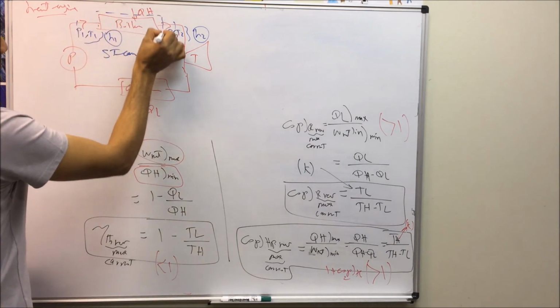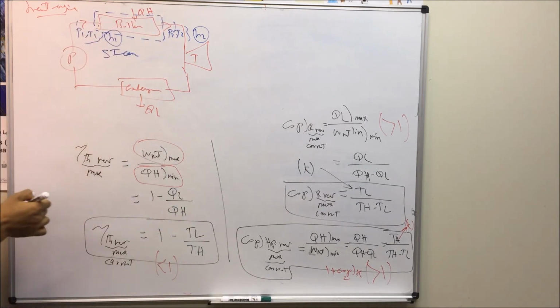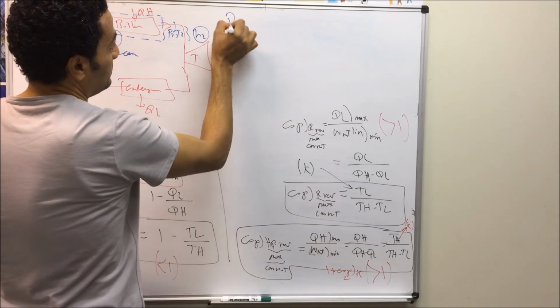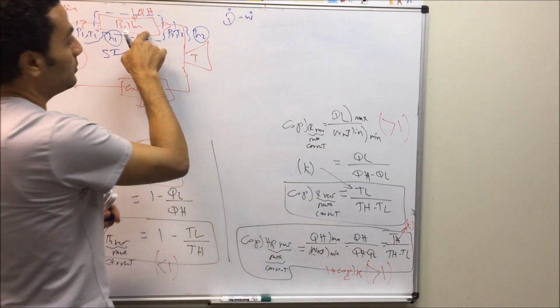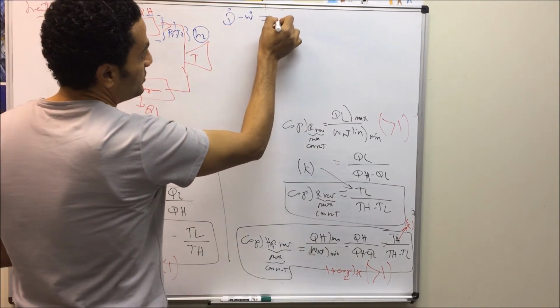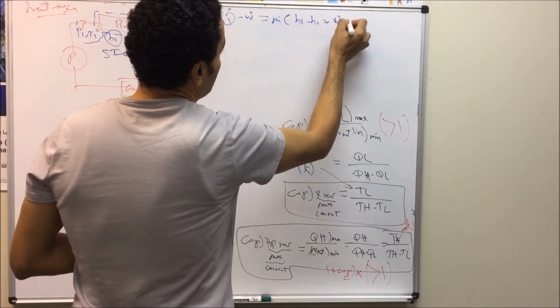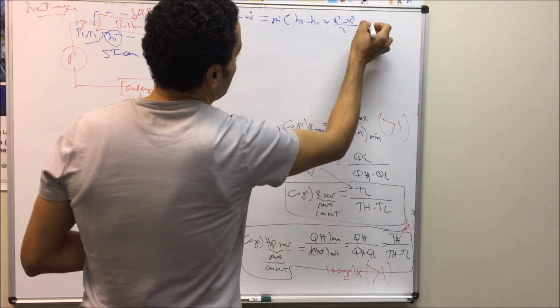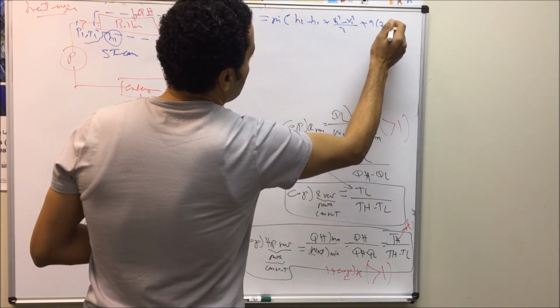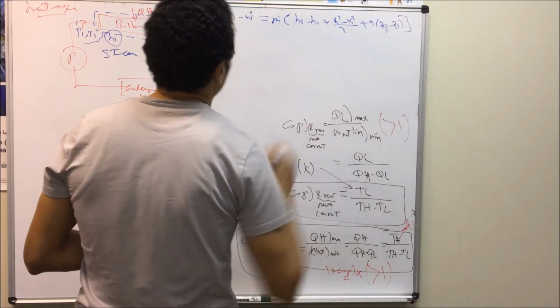Then we can apply the first law of thermodynamics to this boiler. This is a steady flow open system device, so Q dot minus W dot equals m dot times (h2 minus h1 plus (V2 squared minus V1 squared) divided by 2 plus g(z2 minus z1)).